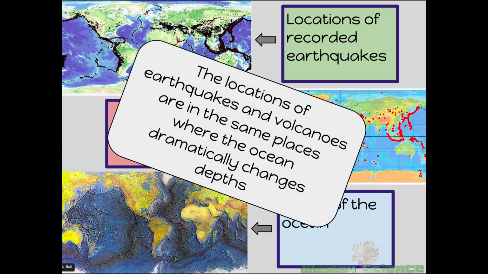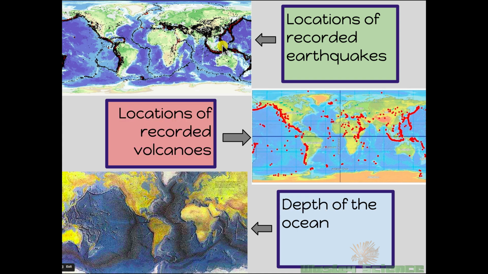So what I wanted you to see is that the locations of where we have earthquakes, where there are currently volcanoes, and where the ocean dramatically changes its depths are in the same area. Look at the top diagram here. You can see all these black dots represent earthquakes, so you can really see where the plate tectonics are.